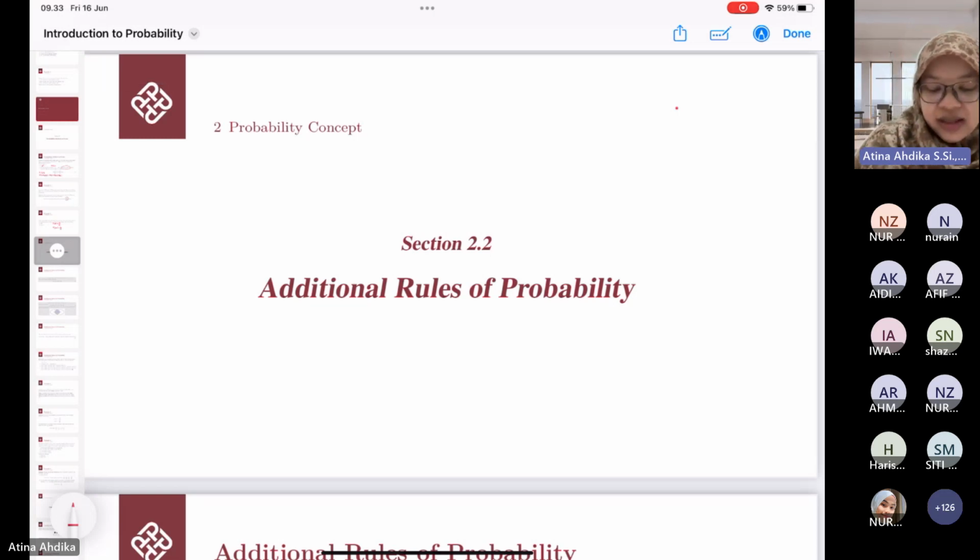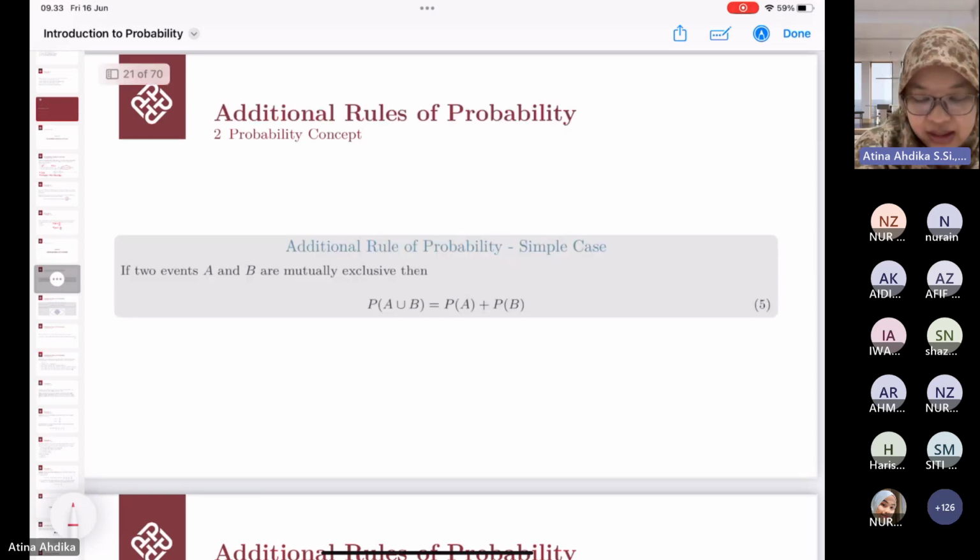Okay, and then I will jump to the next discussion, that is about the addition rules of probability. So we have the theorem here. We have two rules for the addition rules of probability. The first one is for the simple case.